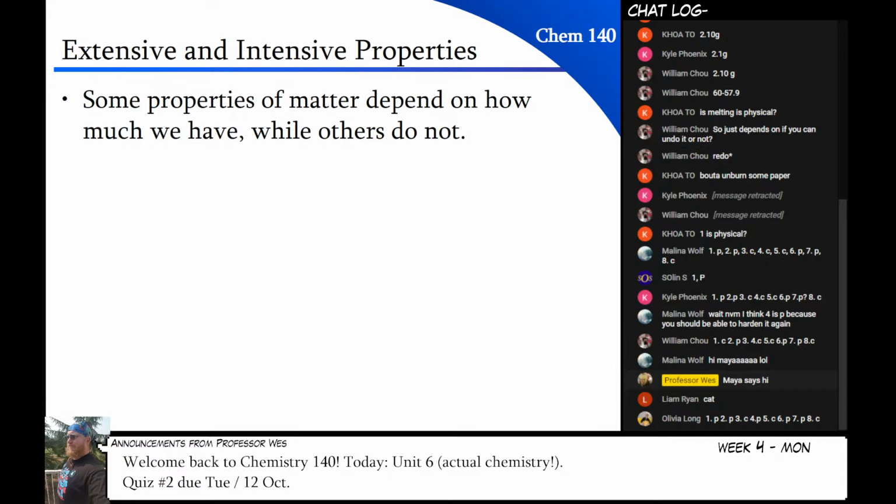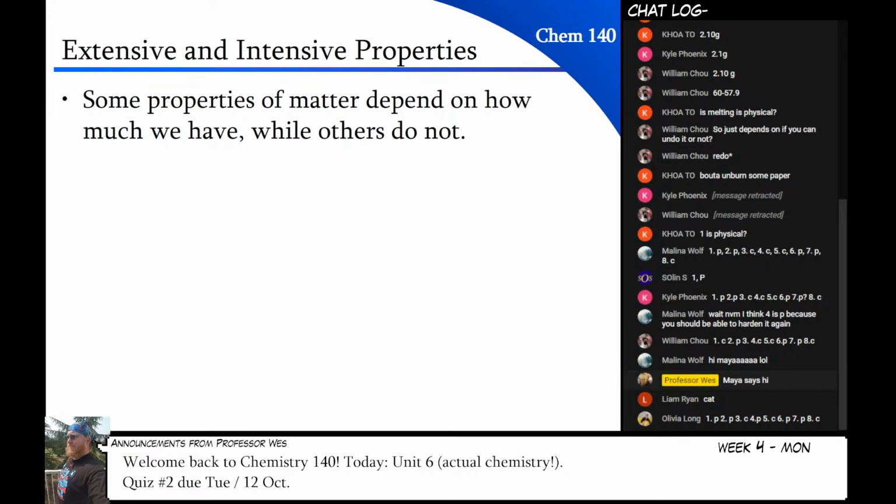If I asked you, whose water has the largest volume? That'd be easy to tell because there's 10 liters, right? Who has the highest mass? Again, easy to tell. Highest weight? Easy to tell. Okay, whose water has the highest boiling temperature? Oh, well, suddenly the amount that I gave you doesn't matter, right? Some properties do depend on how much you have.